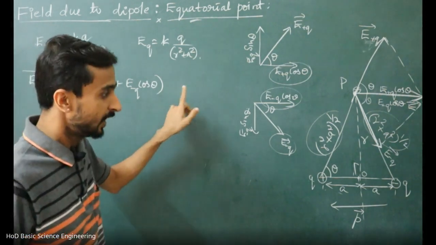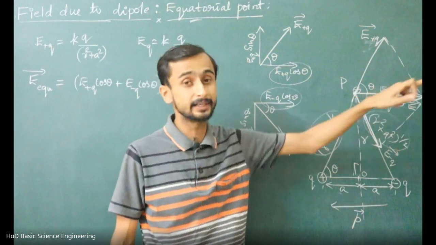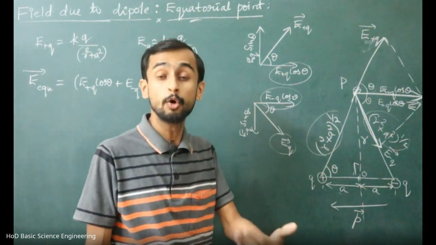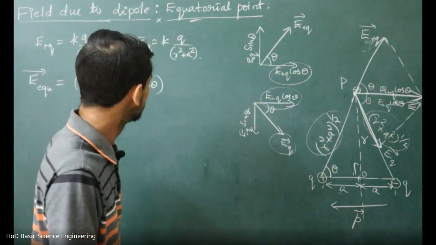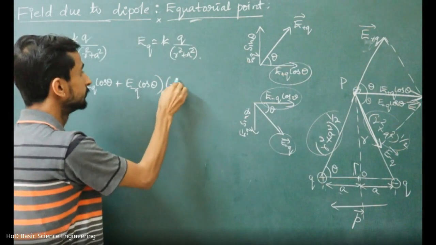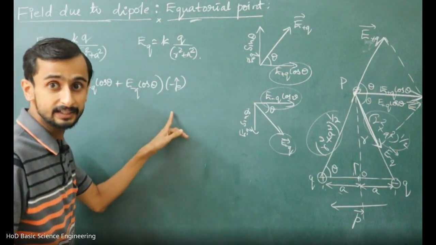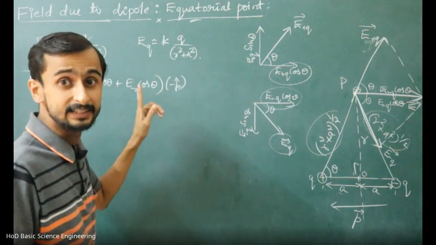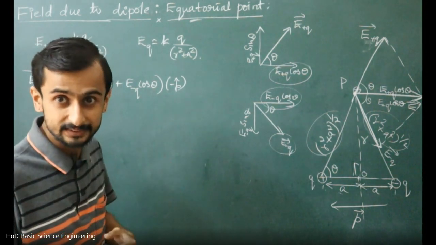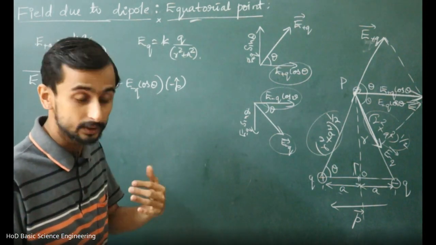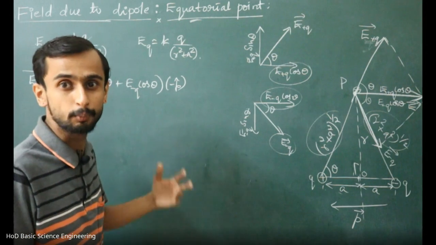The direction of the dipole moment and the net electric field are opposite, so we write minus p cap. What does that minus sign indicate? It indicates that the electric field is in a direction opposite to the dipole moment.